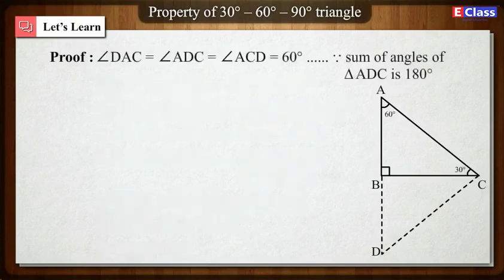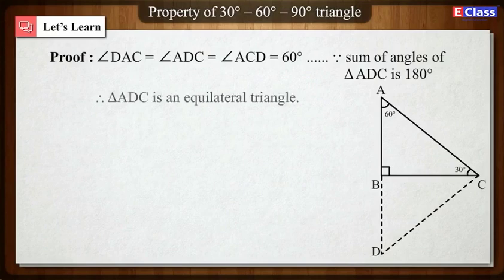Angle DAC is equal to angle ADC, which is equal to angle ACD, which is equal to 60 degrees, since sum of angles of triangle ADC is 180 degrees. Therefore, triangle ADC is an equilateral triangle.